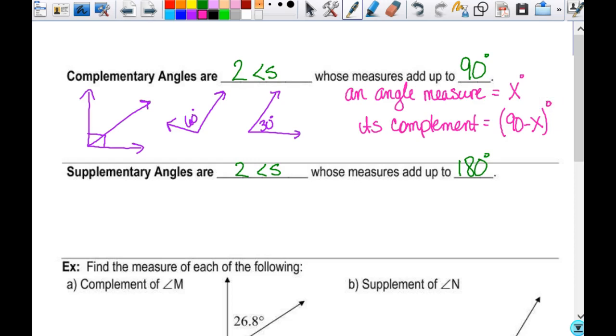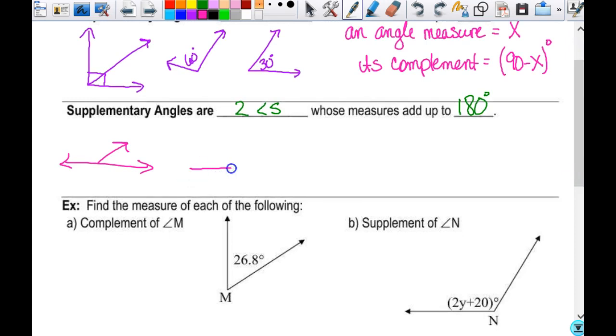All right. Then supplementary could look like this, right? Which means a linear pair is always supplementary angles. Or they don't have to be attached. One angle could be right here. The other one could be floating around in space somewhere. I can even draw it.